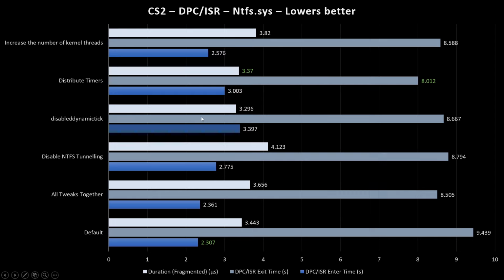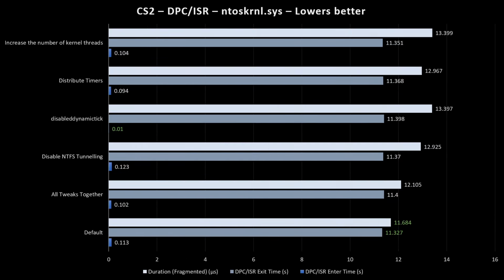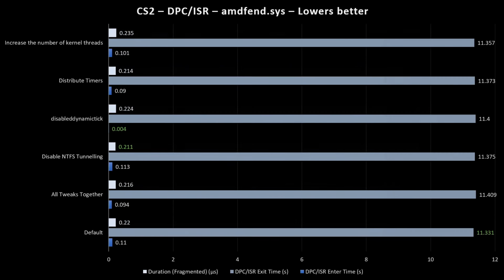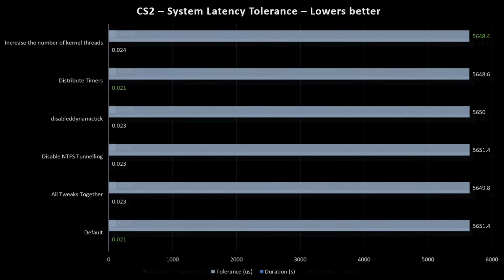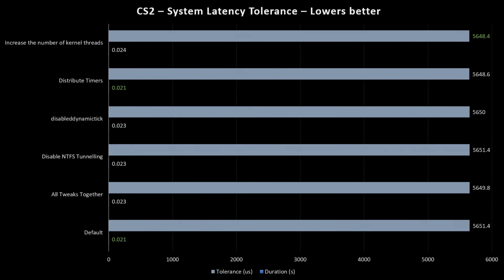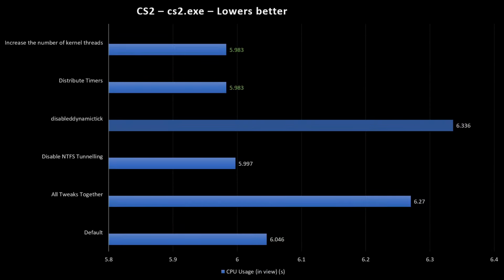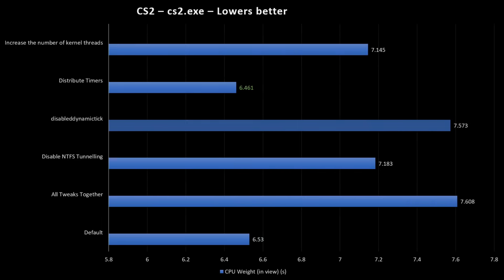Again, we see something very similar in all cases. The Intel kernel same, and the AMD driver again doesn't seem to be affected. The system latency tolerance is very close in all cases. The CPU usage is again very close, and the CPU weight again is close between every option.